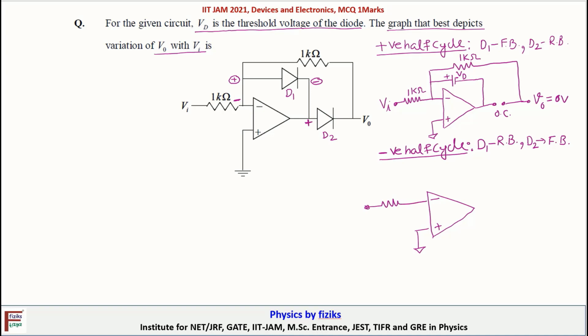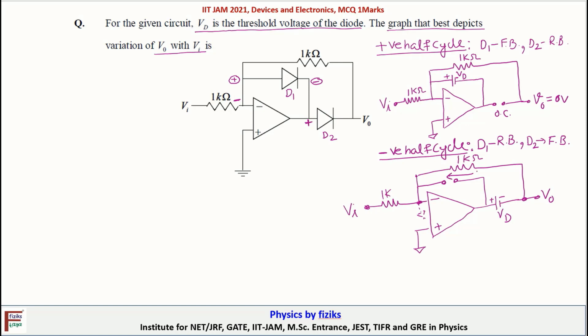You have Vi. This is 1 kilo ohm. This will be open circuited. Now again this will be plus minus Vd, this is the voltage drop. And this is VO. This will be 1 kilo ohm. Now see, if we apply current division at this node, this will be 0, virtually grounded.